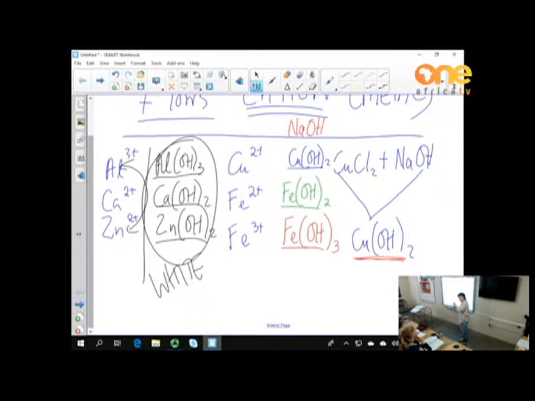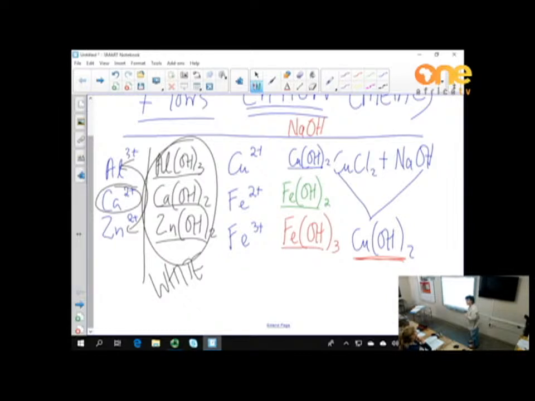So now the second step is to add excess sodium hydroxide. So I fill up the test tube. If the precipitate remains, we've got calcium. If the precipitate disappears, it becomes soluble, we've got either aluminium or zinc.